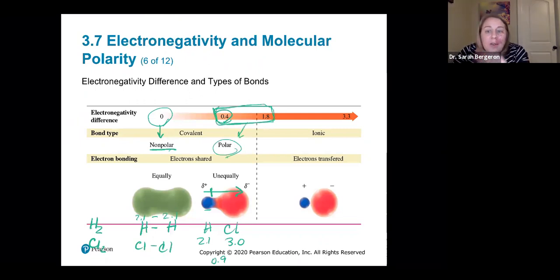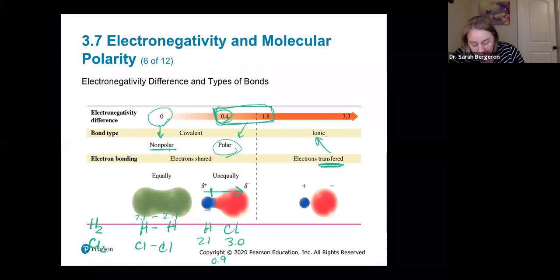Now, if your electronegativity difference gets higher than 1.8, instead of sharing the electron, the electron actually gets transferred. And if you remember, when you're giving and taking electrons, you're making ionic compounds. So maybe in this case, this is NaCl, which is ionic.